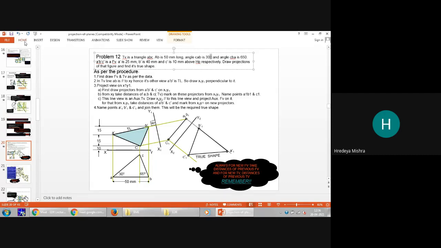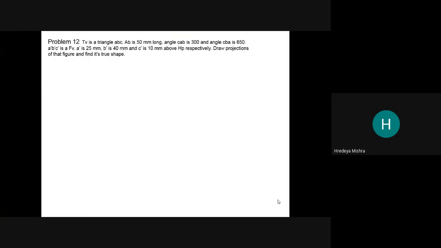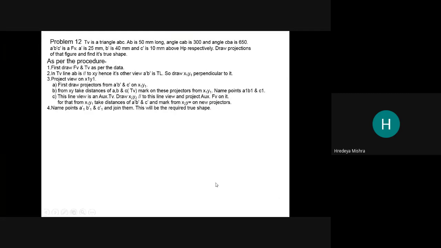Okay, just forget that. A dash B dash C dash is a front view.